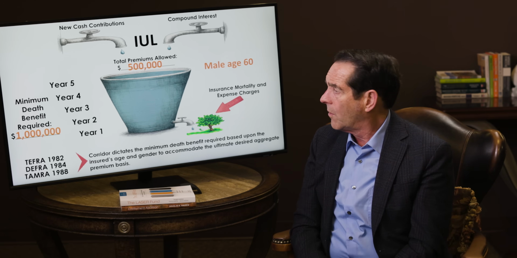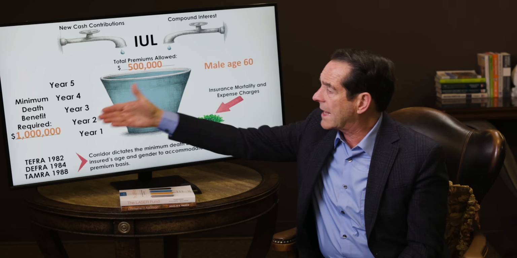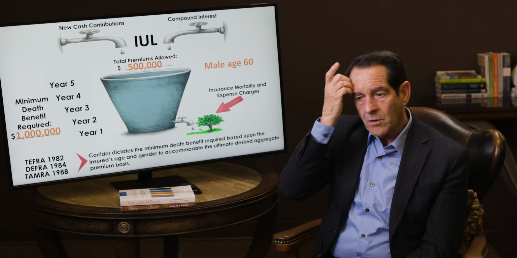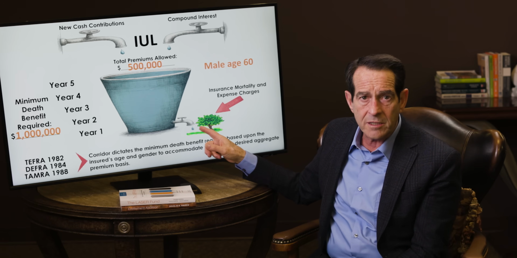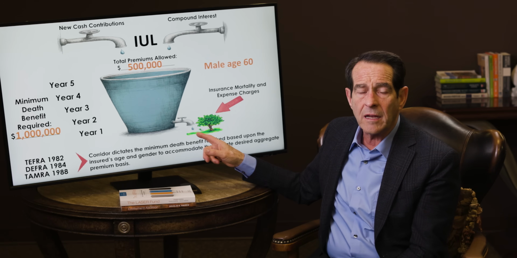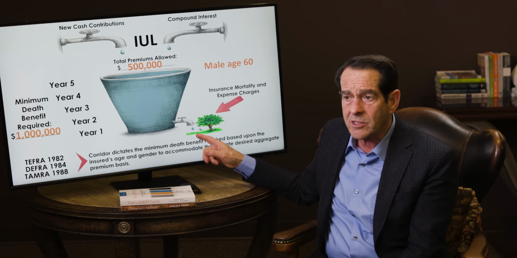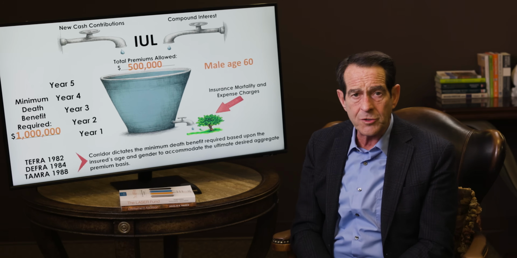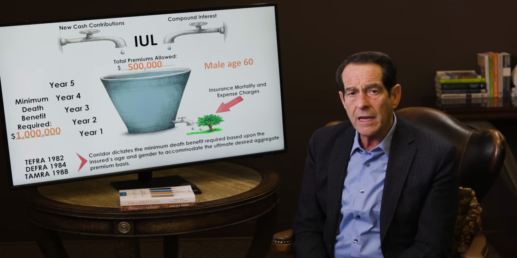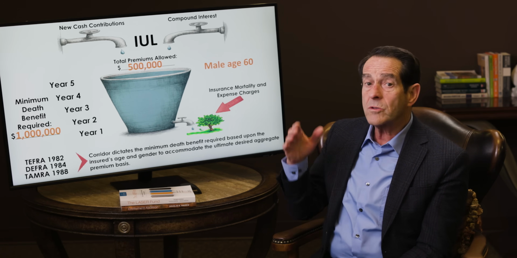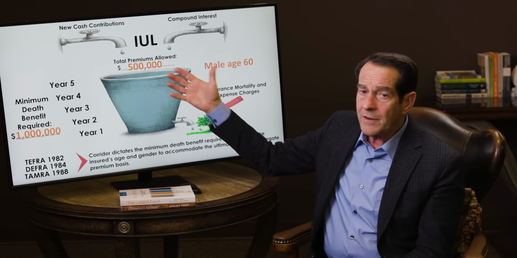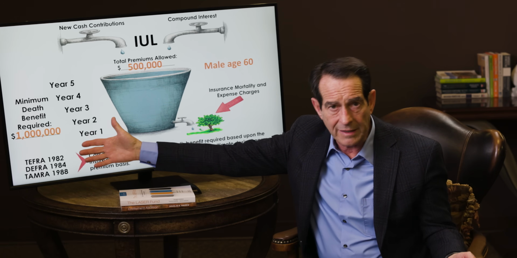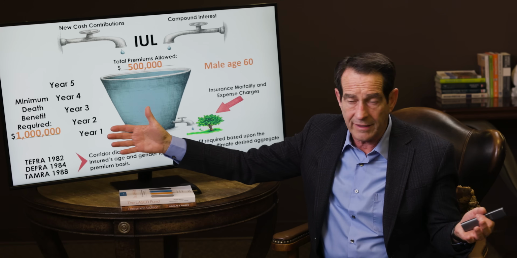And some people go, well, why don't you have his cash be added on top of the death benefit? Well, then the spigot on the bucket, which is the cost of the insurance, is going to keep getting more expensive as you get older because he's going to have to keep paying for $1 million of life insurance. That's not the objective. So when you use the level death benefit, the $500,000 now is part of the $1 million. I'm just super simplifying here.